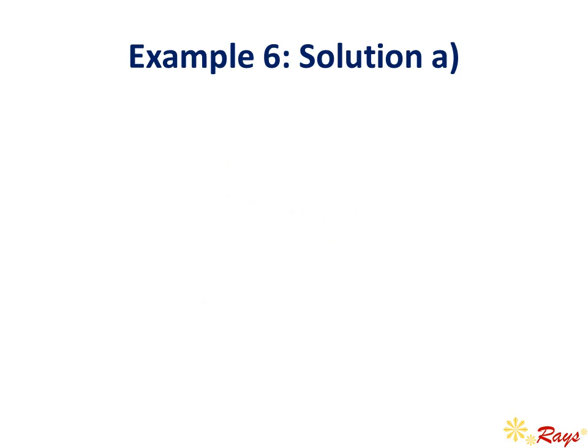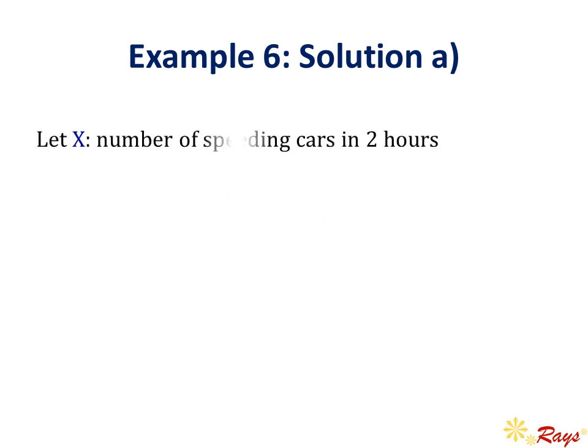Question A is asking us to find the probability that 7 cars passing the camera will be speeding in the next 2 hours. So let x be the number of speeding cars in 2 hours. We remember that we are given lambda for 1 hour as 6.